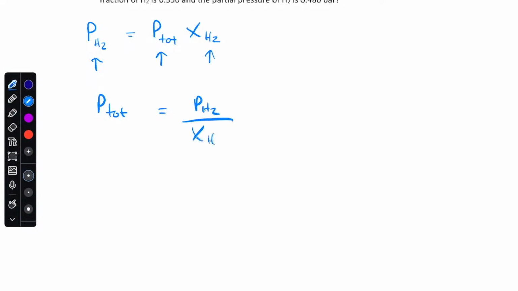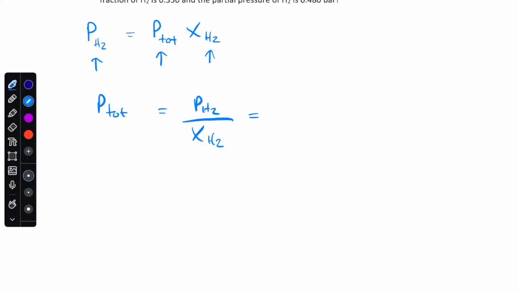The relevant formula is that the pressure of a gas like H2 is equal to the total pressure of everything present times the mole fraction of that gas. What it wants is the total pressure, and it gives us the other two. So our total pressure is just the partial pressure of H2 over the mole fraction of H2.